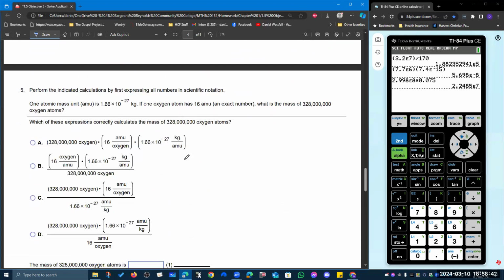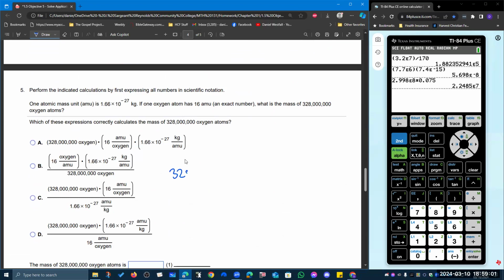1 atomic mass unit, AMU, is 1.66 times 10 to the negative 27th kilograms. If 1 oxygen atom has 16 AMUs, an exact number, what is the mass of 328 million oxygen atoms?